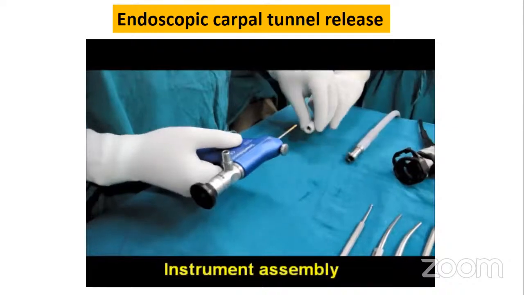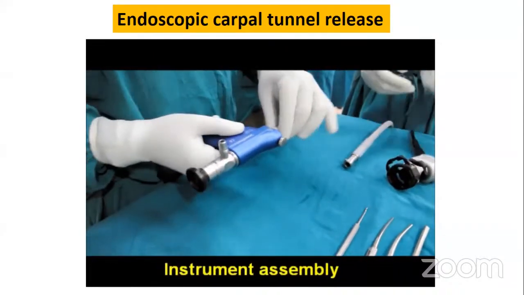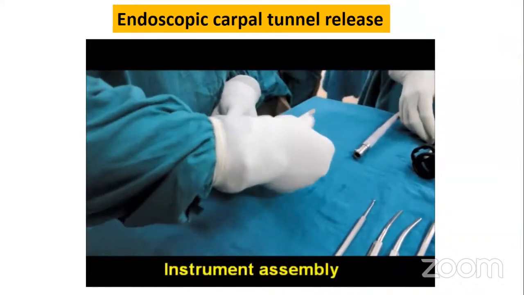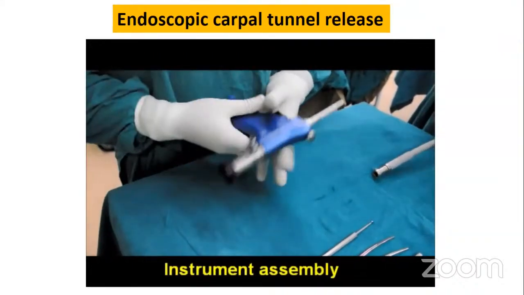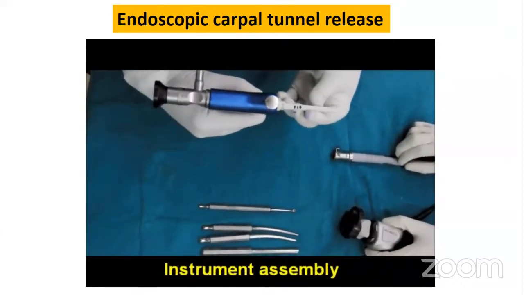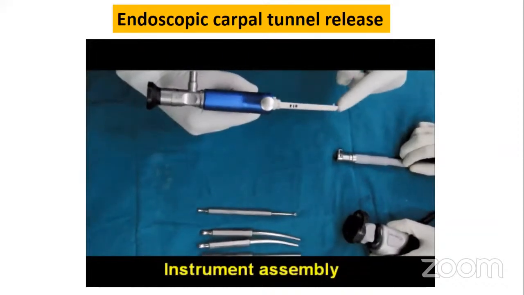That is the scope there, and the blade goes over the scope. The blade goes over the scope, and then you just tighten that. If you press that trigger, the blade comes out like that.